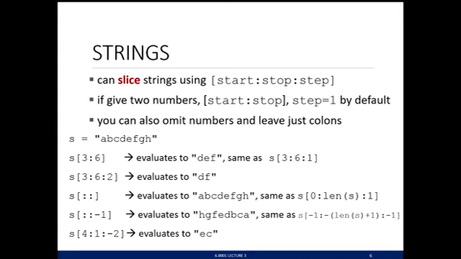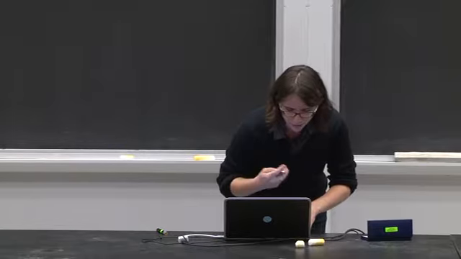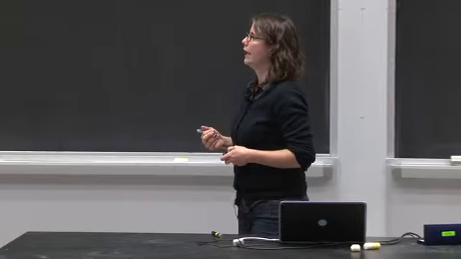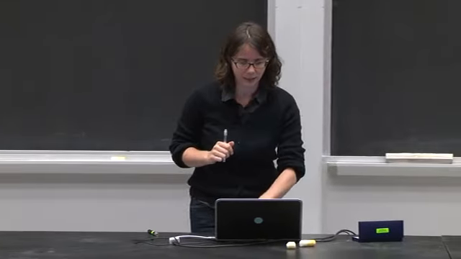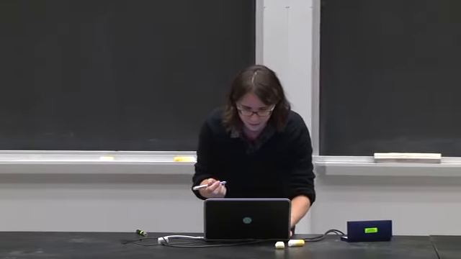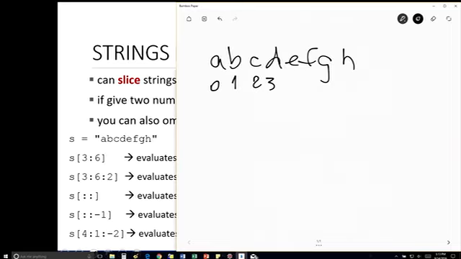So with this string s, we start from index 3 and go up until index 6. So if we have A, B, C, D, E, F, G, H, this is position 0, 1, 2, 3, 4, 5, 6, 7.